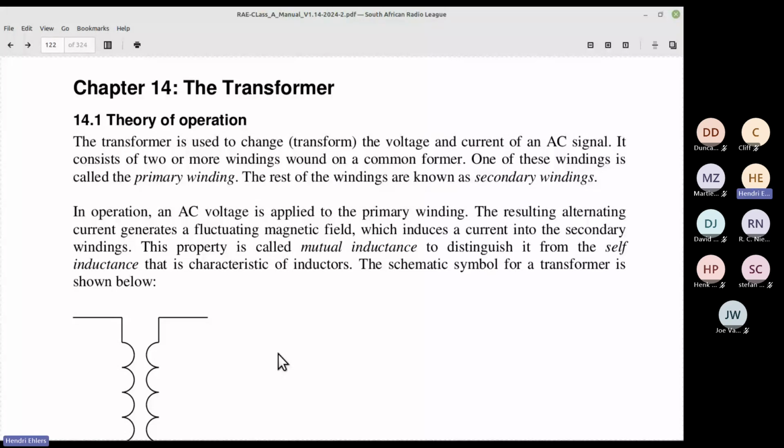A transformer works on the principle of a magnetic field that's created, then collapses, and is created again. So, in other words, a transformer can only work with AC and not with DC. They call this effect mutual inductance.